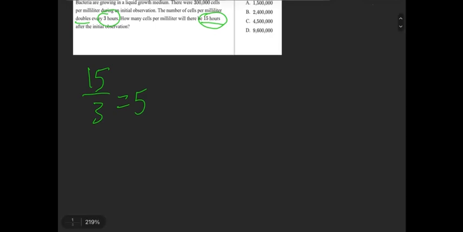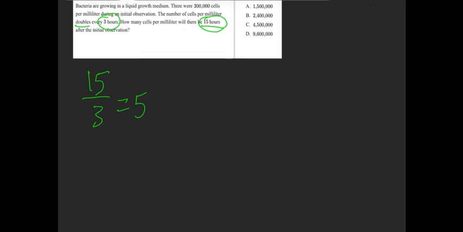Firstly, how many 3 hours are there in 15 hours? Well, 15 divided by 3 equals 5. And since the number of cells per milliliter is going to double every 3 hours, and there are 5 3-hour periods in 15 hours, it's going to double 5 times.